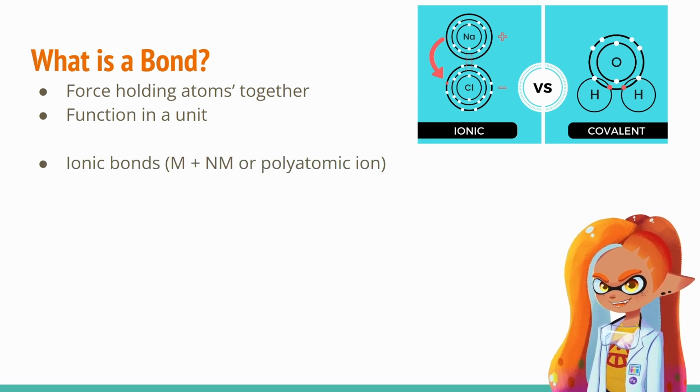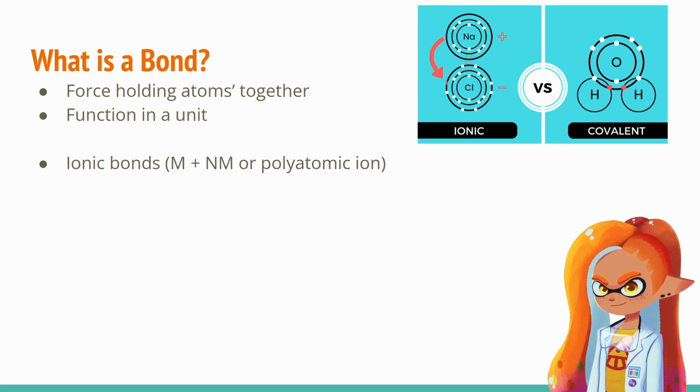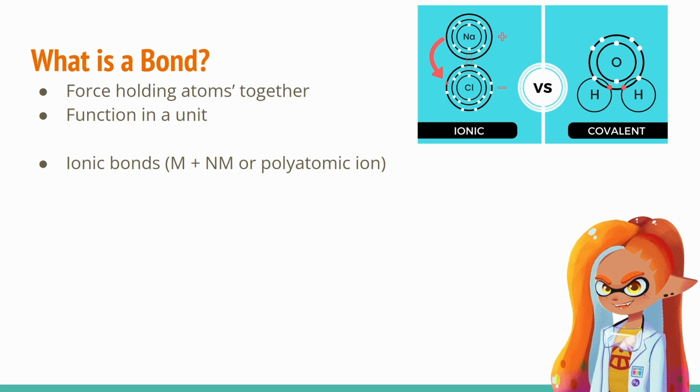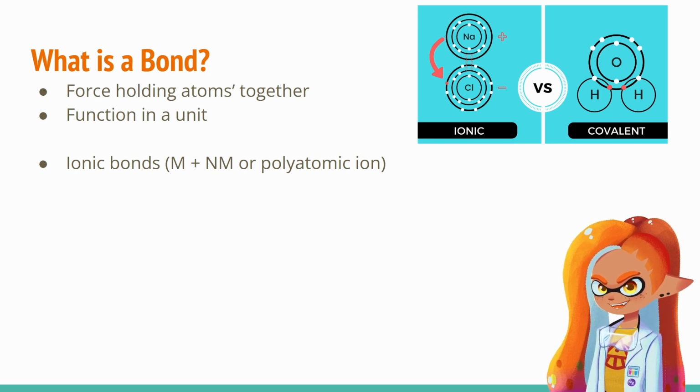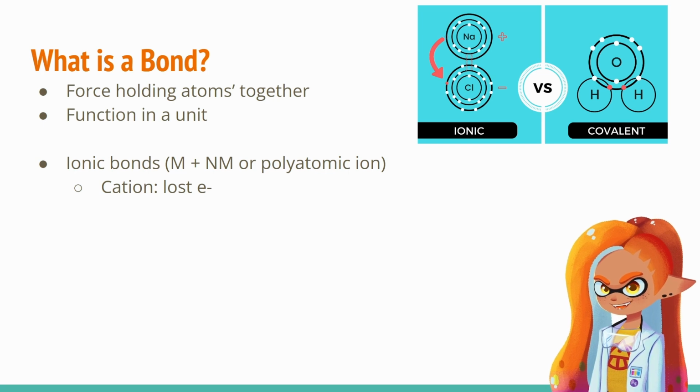And so in ionic bonds, we have a metal and a nonmetal together, or we have polyatomic ions in the mix, depending on their charges, because ionic is charges. And so cations will lose electrons, because when you lose electrons, that means you lose negative charge within an atom or a group of atoms.